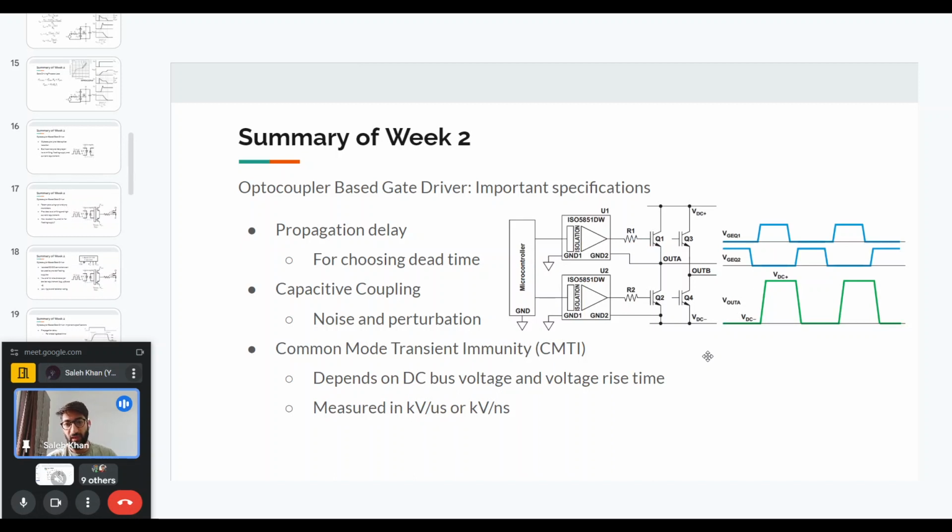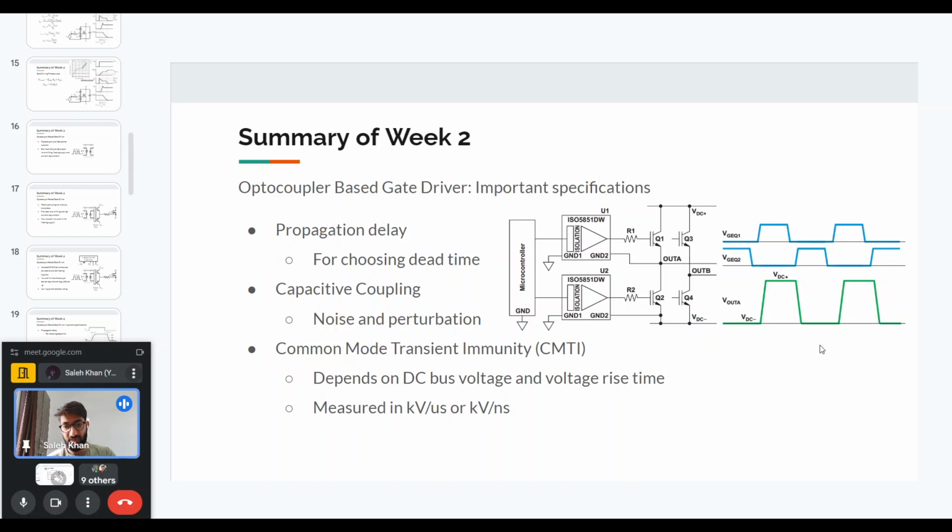And lastly, the third point is what is called the common mode transient immunity. This is also related to the previous point. In this circuit, as we mentioned, if we have a half bridge, the switch node, which is the midpoint of the half bridge, changes in voltage from 0 to plus VDC and again to 0. This takes some time for the voltage to rise, and the rise and fall times are given in the device data sheet.